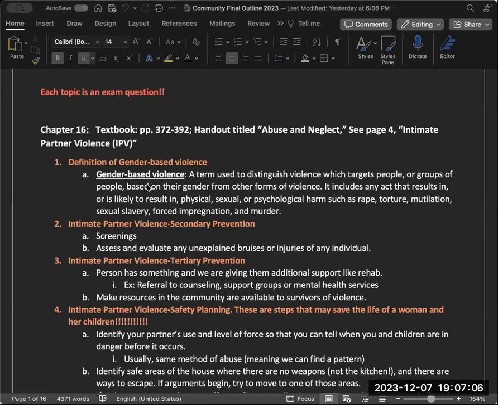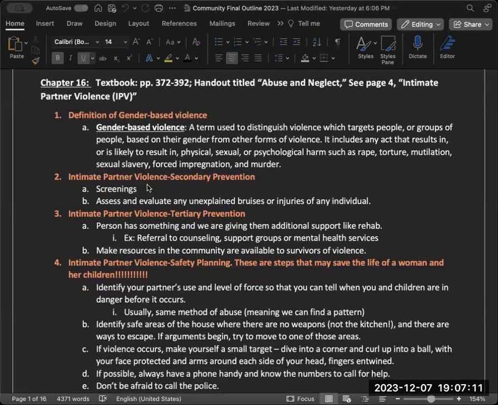So the first thing that I saw was the definition of gender-based violence. I took the definition from the textbook, and I found that it's a term used to distinguish violence which targets people or groups of people based on their gender from other forms of violence. It includes acts that result in or are likely to result in physical, sexual, or psychological harm, such as rape, torture, mutilation, sexual slavery, forced impregnation, and murder.